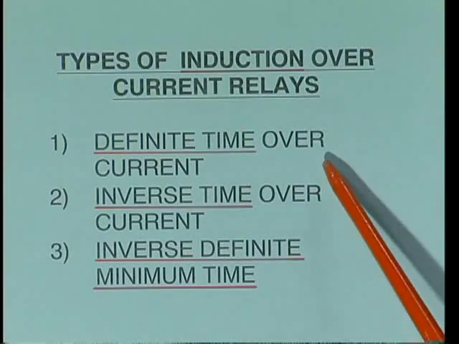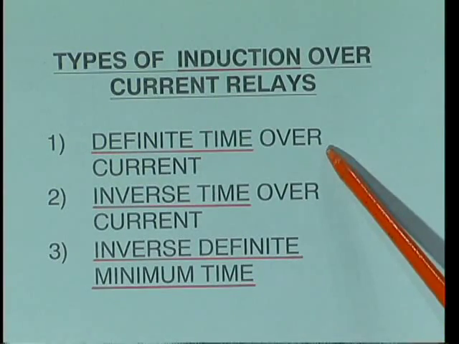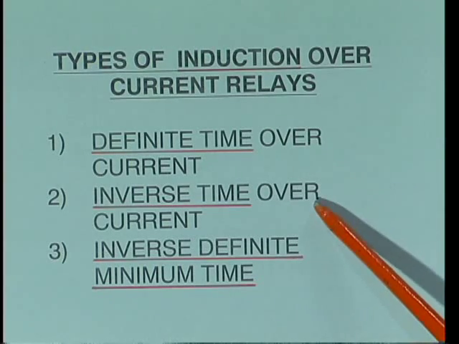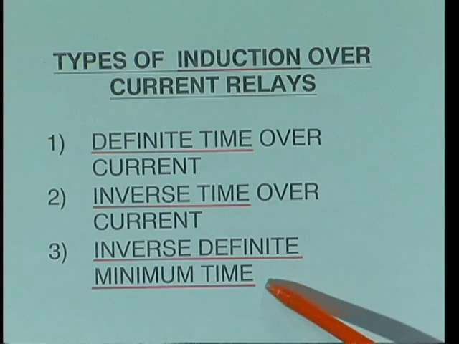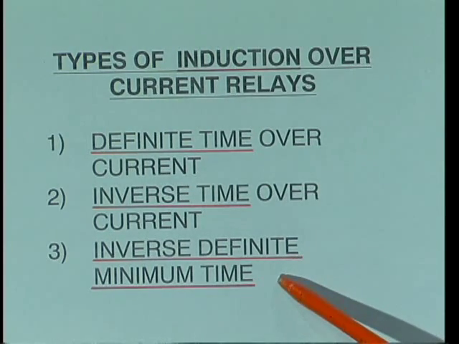Next, coming to types of induction type overcurrent relays. There are three types of induction type overcurrent relays. They are, first, definite time overcurrent relay; second, inverse time overcurrent relay; and third, inverse definite minimum time, also called IDMT overcurrent relay.